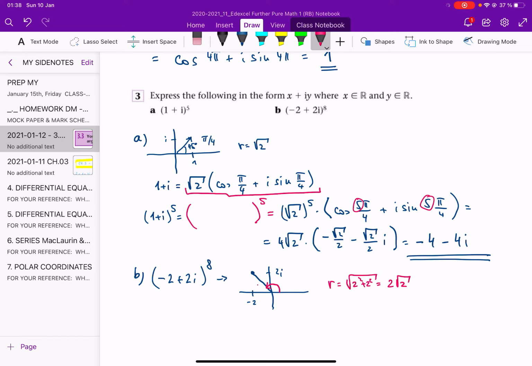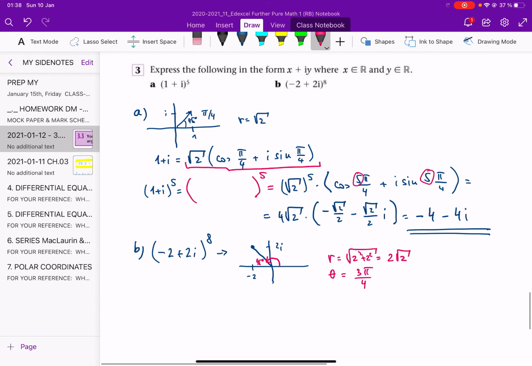And this is 45 degrees, so the argument would be 3 pi over 4. So this is the same as 2 root of 2 cosine 3 pi over 4 plus i sine 3 pi over 4, and everything to the power of 8.